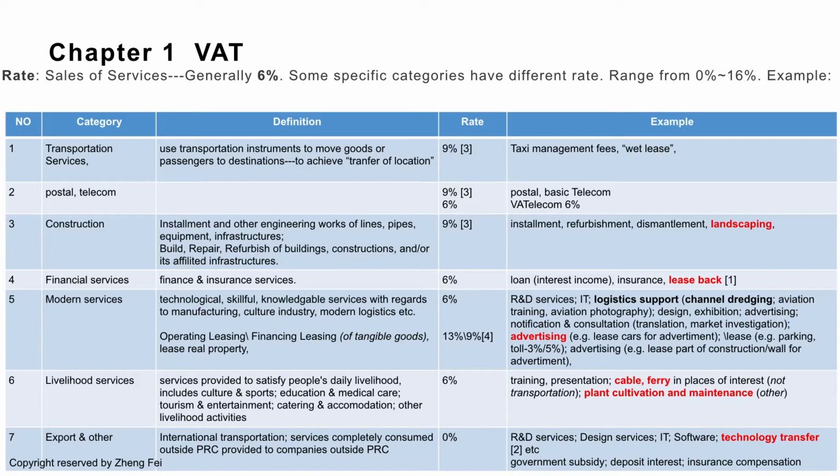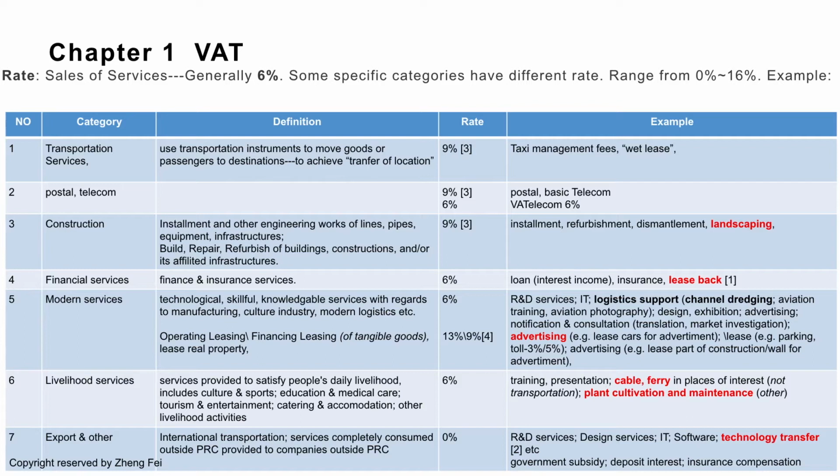For operating leasing, the rate is 13%. This includes advertising services. For example, we lease cars, and for financing leasing of tangible goods, the rate is 9%. And the rate for lease of real property is also 9%, unless otherwise stipulated.